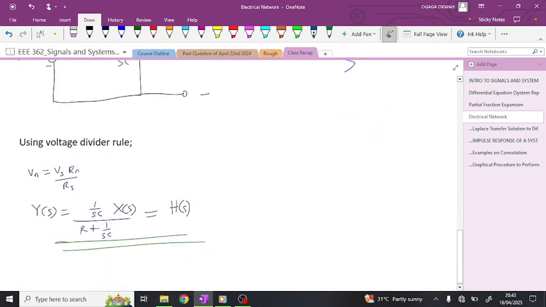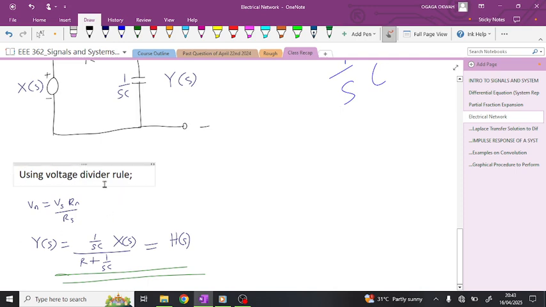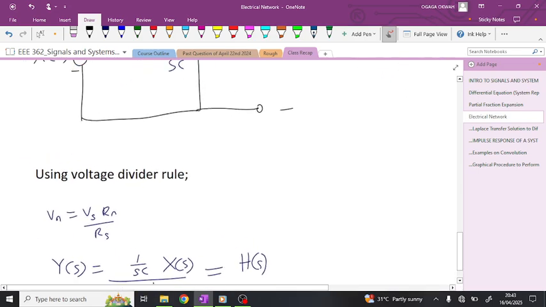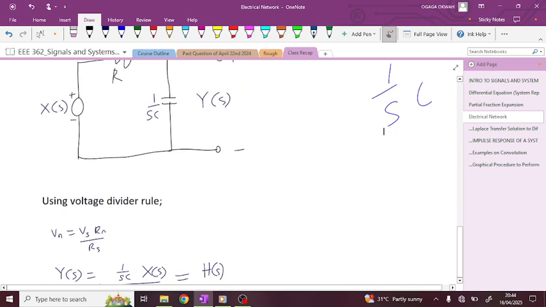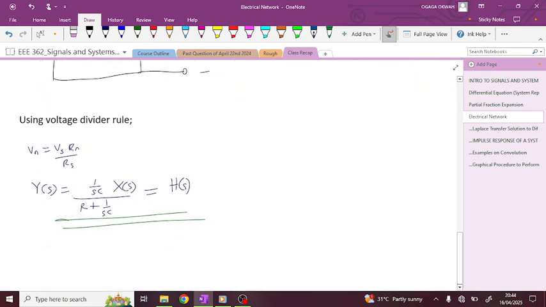Okay? And then using the voltage divider rule to calculate the voltage at this point. From the voltage divider rule, Vn equals Vs times Rn over the sum of Rs, meaning the voltage at that particular point n we are looking for is equal to the resistance at that same point multiplied by the source voltage divided by the sum of all the resistances. So what is the voltage at that point?